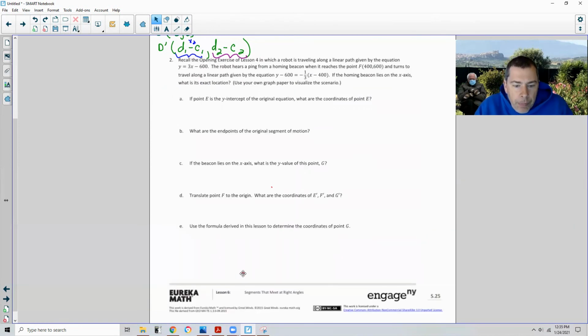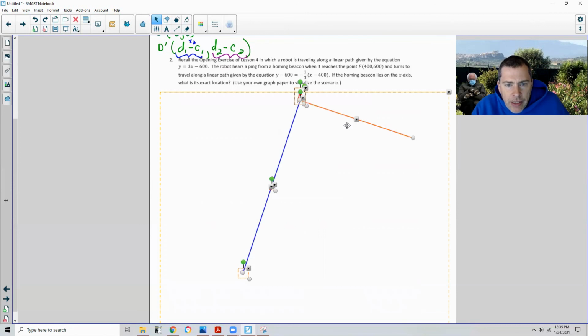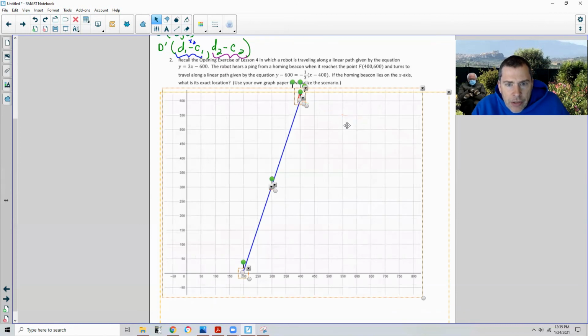Get rid of these dots. Actually, instead of deleting all this, how about I just copy this over to a new page? Let's leave it just like that.